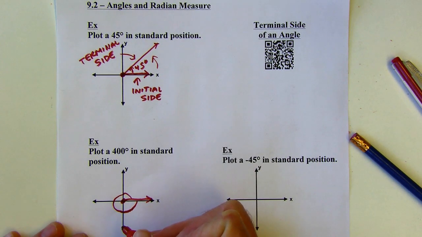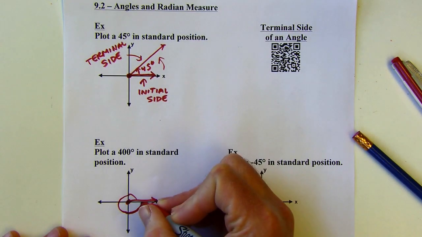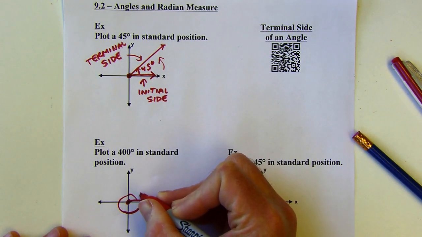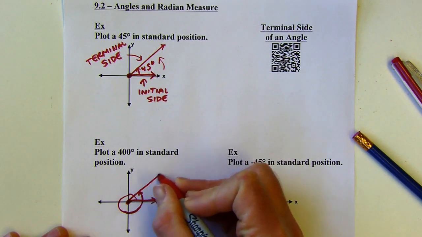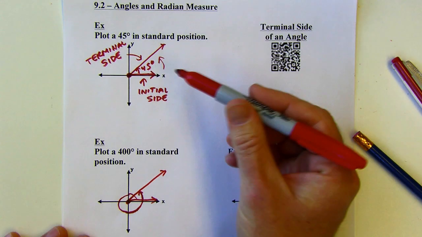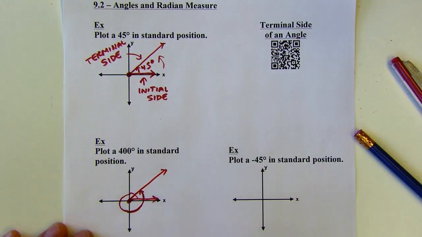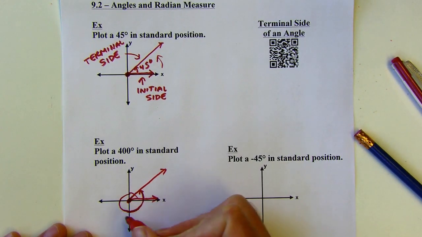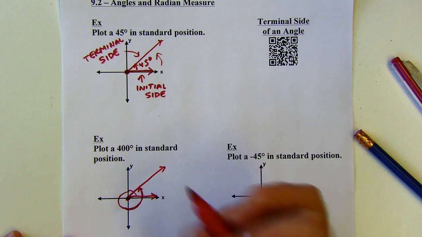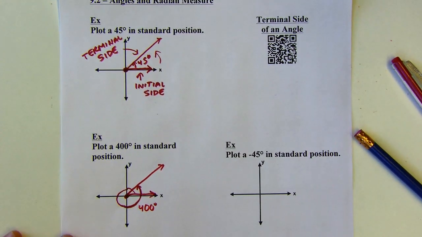And I'm thinking, okay, 360, I got another 40 to go, so I'm just eyeballing the 40 degrees. I could get out a protractor if I wanted to be accurate, okay? It's going to look something like this. So it looks a lot like a 45-degree angle because it's 40 degrees above the x-axis. But that's why I put this spiral in, to show that I've gone around more than 360 degrees. And this is what a 400-degree angle would look like in standard position, okay?